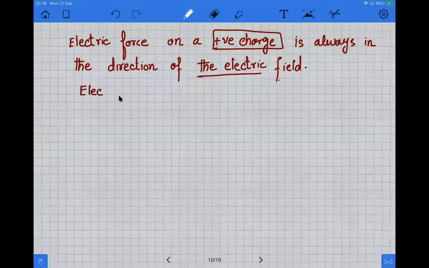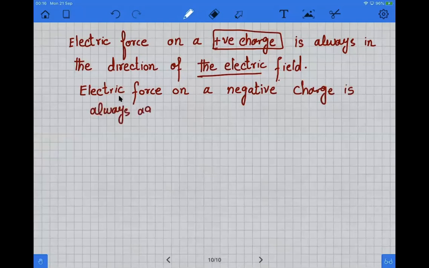electric force on a negative charge is always against the electric field.